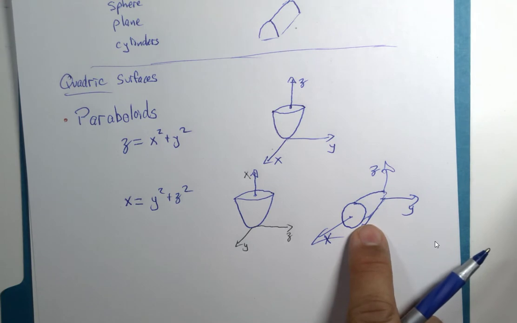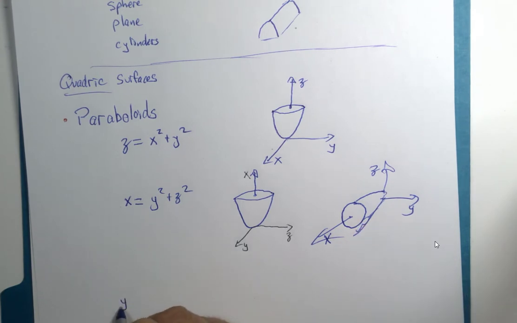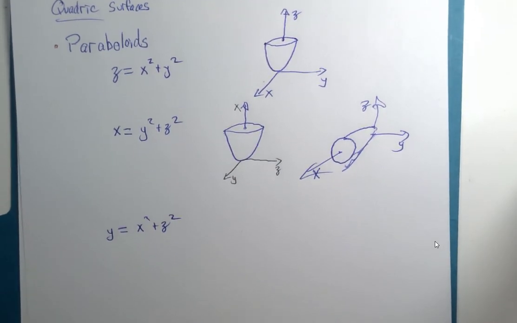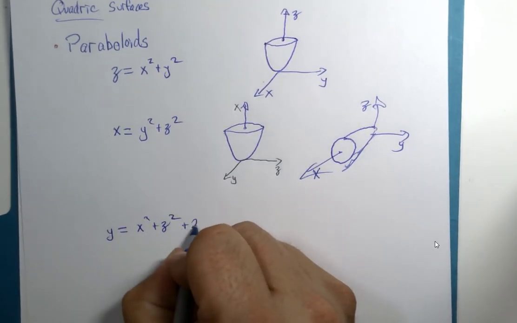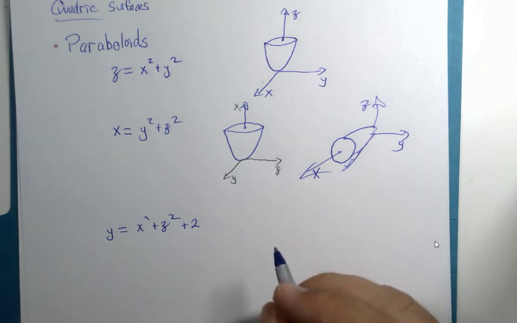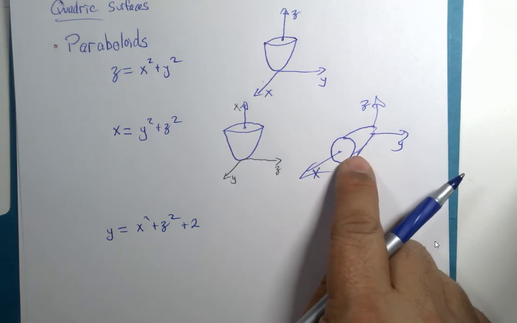Now we can make little variations, such as if it says y equals x squared plus z squared plus 2, that should move the graph 2 units in the y direction. So once again, you don't have to try to draw it perfectly to scale.